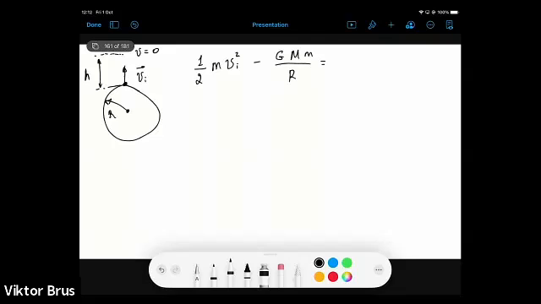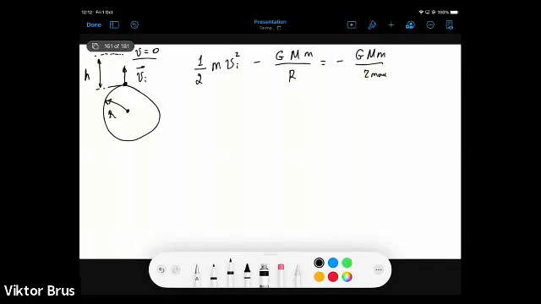And when we reach the maximum, the highest point of the trajectory, kinetic energy will be equal to 0, because we remember this is the condition of maximum height. Velocity will be equal to 0. Then we will have only potential energy, which is equal to G times the mass of the planet times the mass of the projectile divided by R maximum.